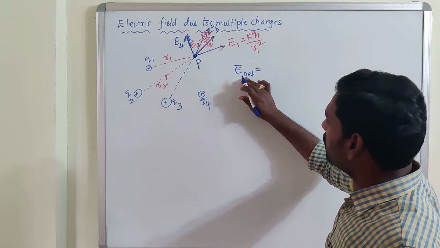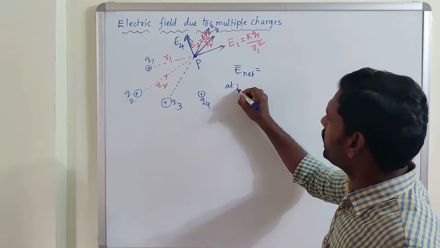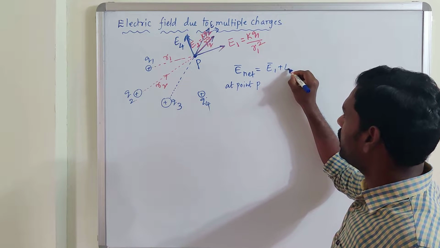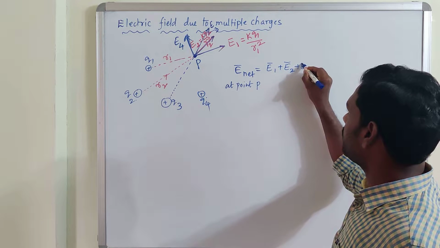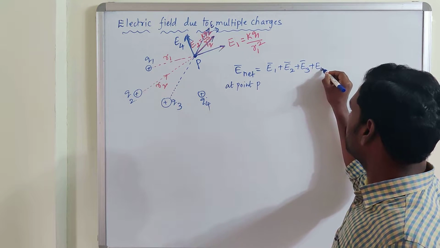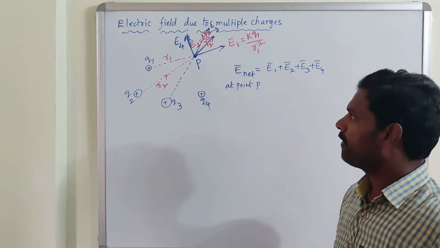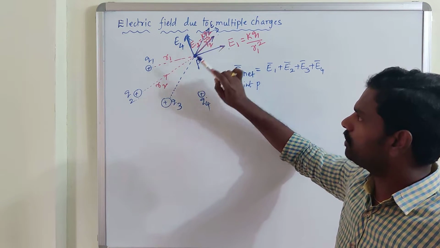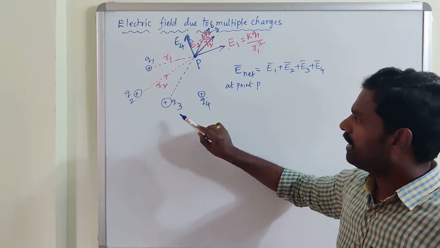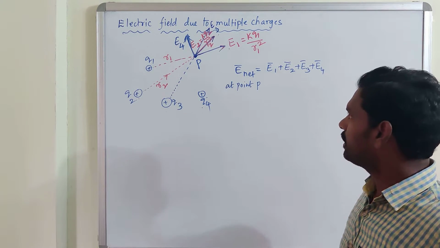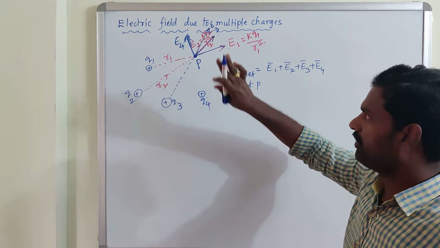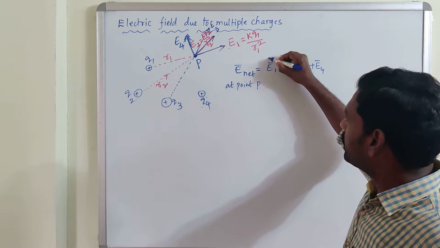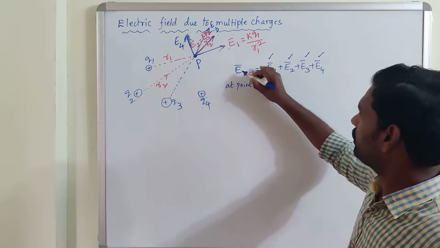The net electric field at point P is nothing but the vector sum of the electric fields due to the individual charges at point P. Once again, if 4 point charges are there, and the electric field due to Q1 is E1, due to Q2 is E2, due to Q3 is E3, due to Q4 is E4, then the total electric field at point P is the vector sum, not the ordinary scalar sum, of E1, E2, E3 and E4.